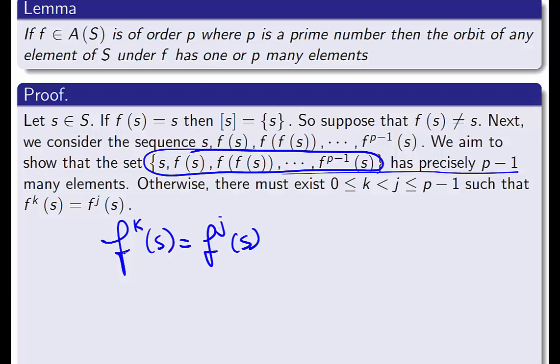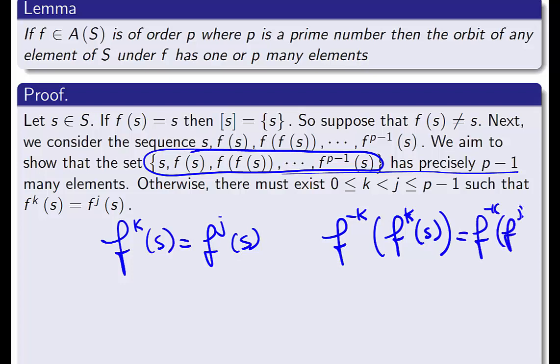Then by applying f^(-k), f inverse k times, to each side of the equation, we'll get that s is f^(j-k) of s.